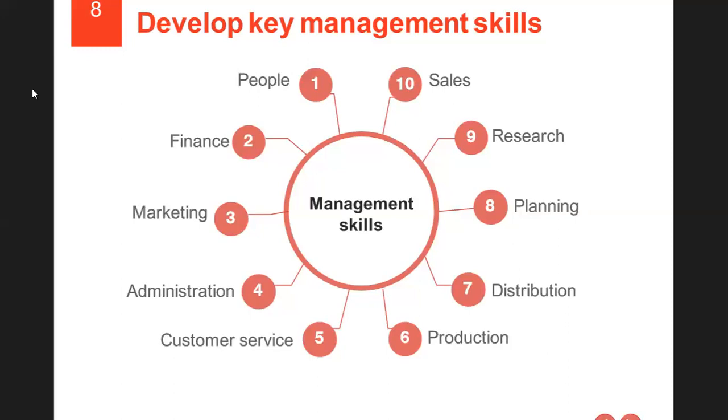Yes. And number seven, distribution, you have to distribute your knowledge to the staff, to your partner, and then you also get knowledge from them, and you also distribute what you can to the whole institution or your whole company. Number eight is about planning.